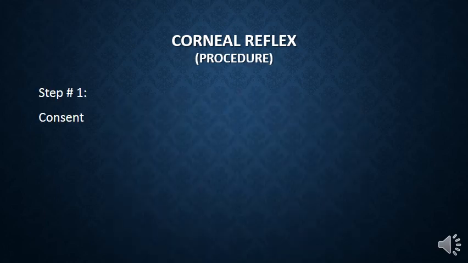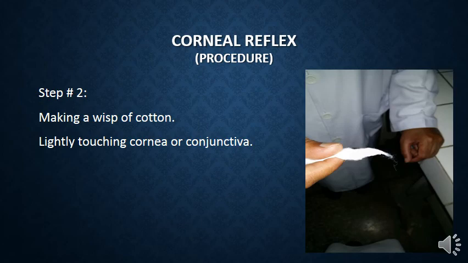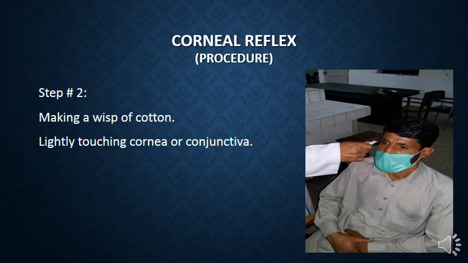The procedure for eliciting corneal reflex starts with taking consent. The second step is that you will make a wisp of cotton as shown in the picture, and then you will lightly touch the cornea or conjunctiva.